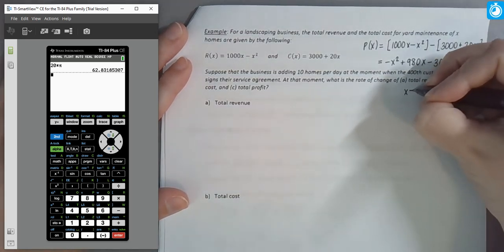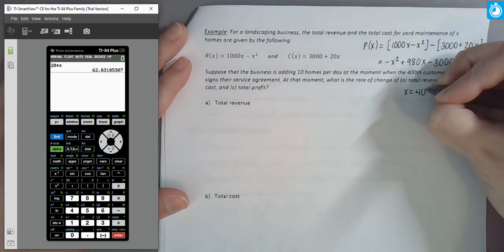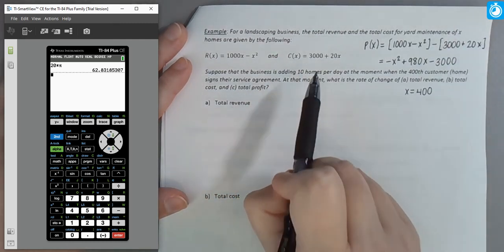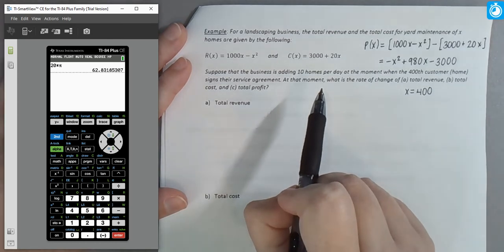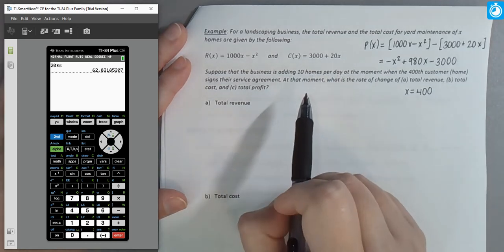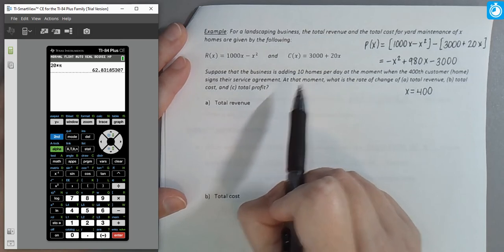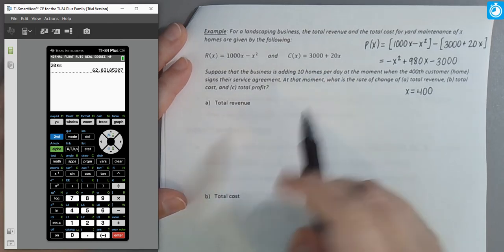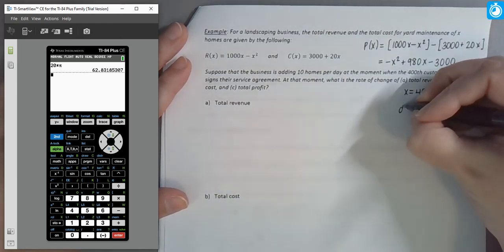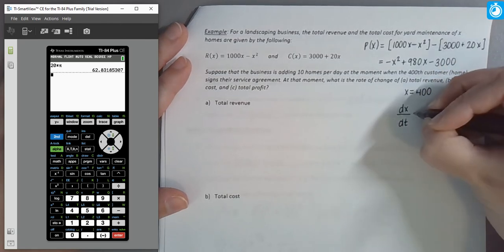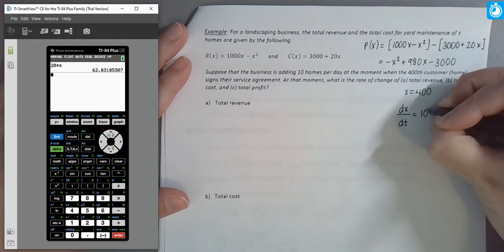So X is equal to 400. And then we've also been told that we're adding 10 customers per day. Per day, as soon as you see that word per, we're talking about a rate. So 10 customers, that's X, per day, that's time. So the change in X with respect to time is going to be 10.